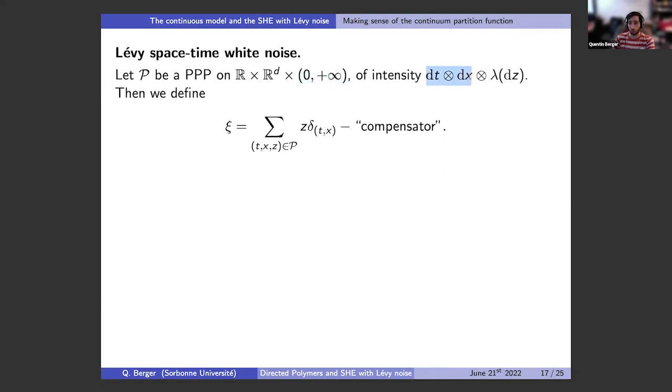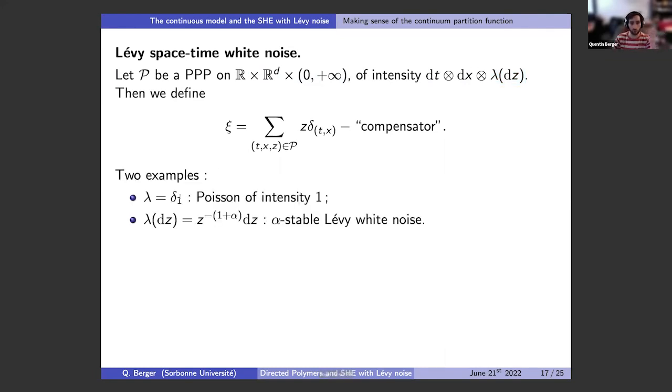You put intensity Lebesgue in time and space, and you put a mass with a measure which I call lambda. For instance, if lambda is a Dirac mass, all the points that you place have mass 1. If lambda has this formula, you put a mass which has a heavy tail, which has nice scaling properties, and this gives you an alpha-stable Lévy white noise.